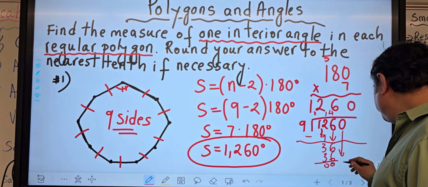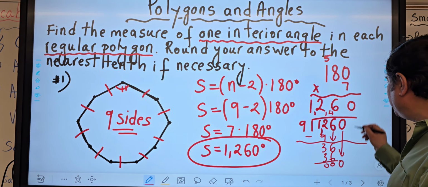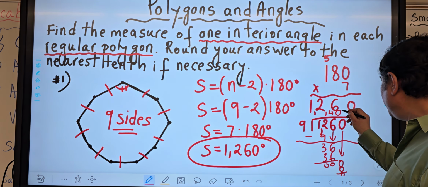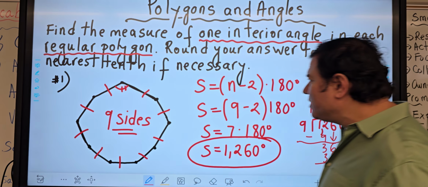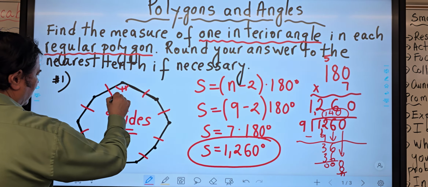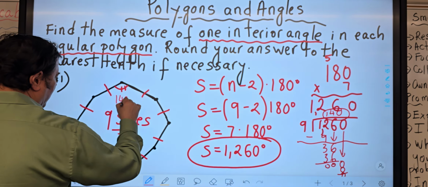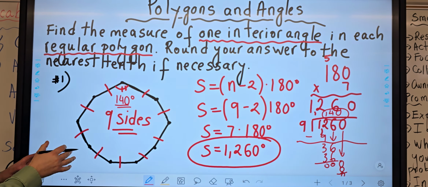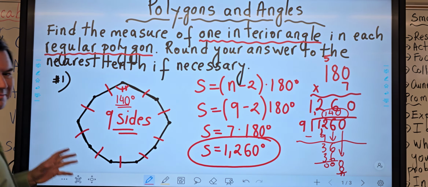Bring down the 0. 9 into 0, 0 times, because 0 times 9 is 0. So the final answer is 140 degrees. So each of these angles is 140 degrees in this 9-sided regular polygon.